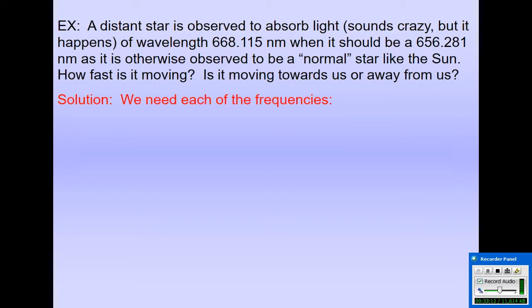Now, to use the equation, we need to know the frequencies. So the frequency that we observe is based on the 668.115 nanometers, which we convert to meters. So we get the observed frequency is 4.48714 times 10 to the 14 hertz.